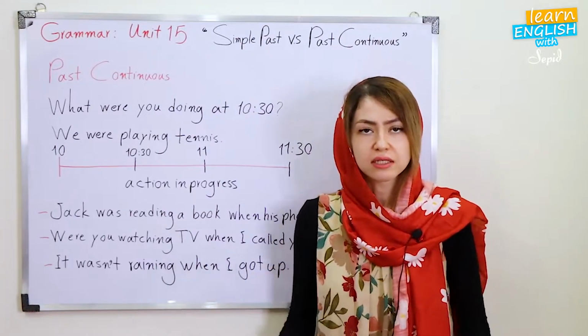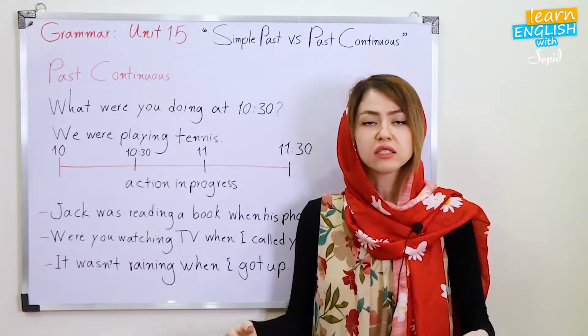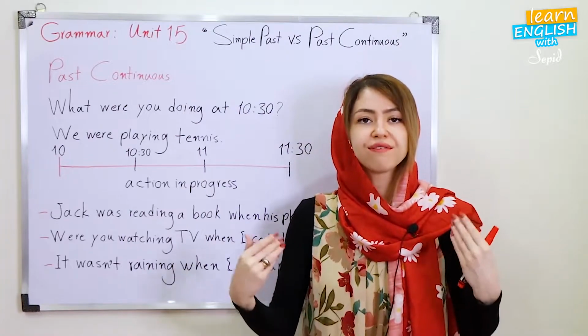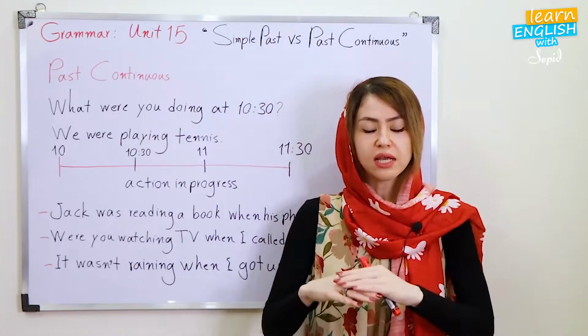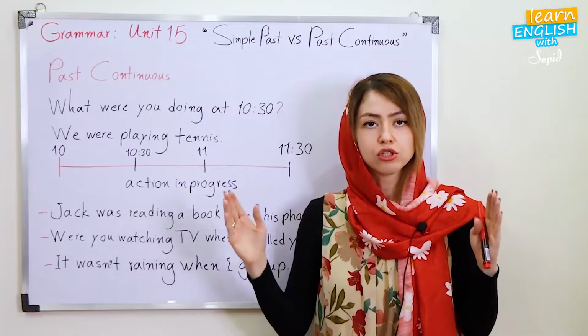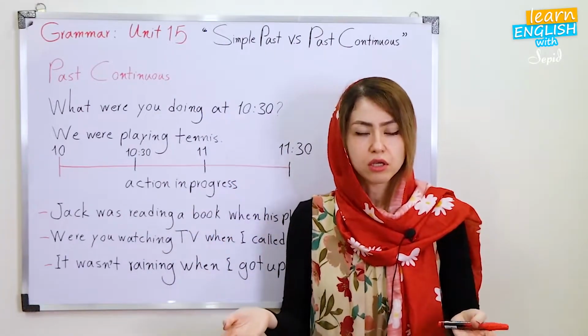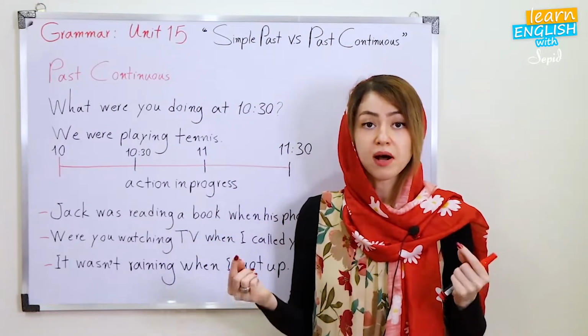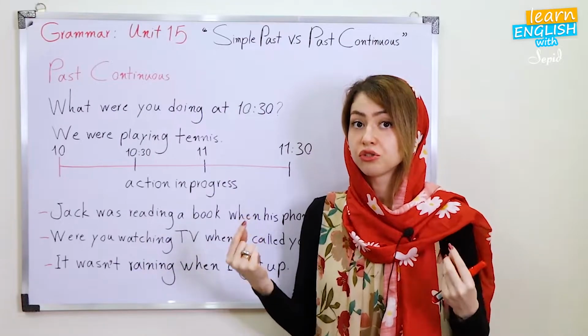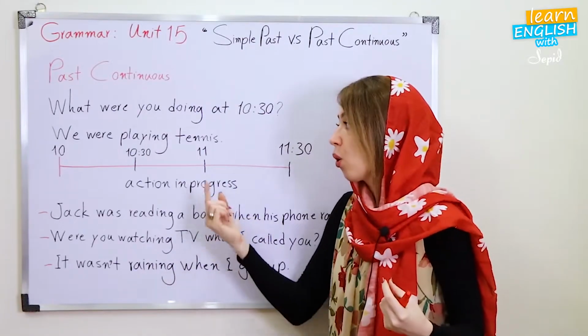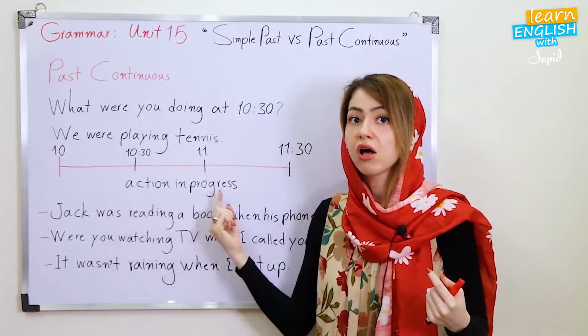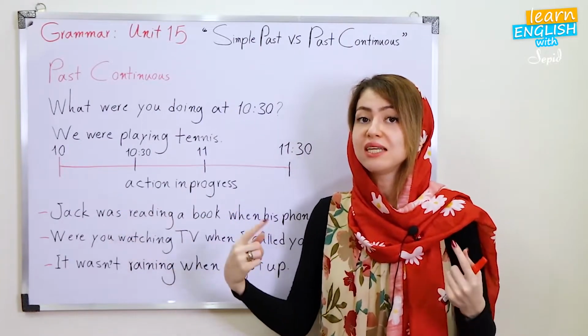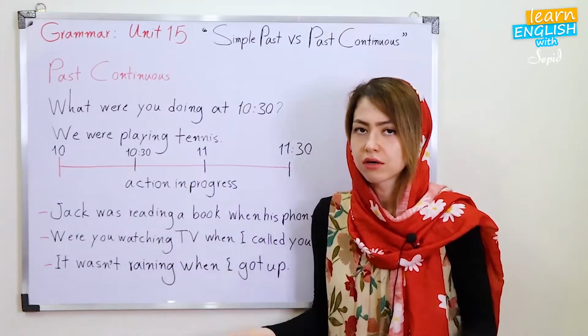I'm not interested to know what you did and what finished. So it's not important to me to know that you did an activity. But it's important to me what caused you that you didn't answer.